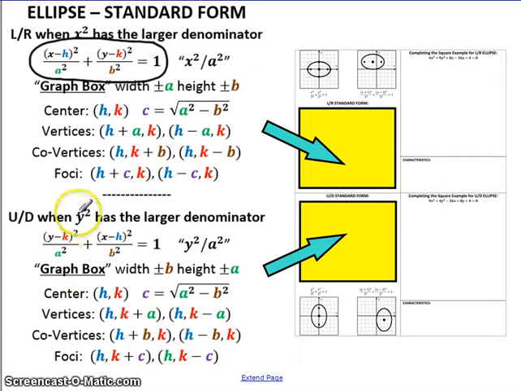If we have y squared dividing the number a, which is the bigger between a and b, then we know that the ellipse is going to go up and down like this one.